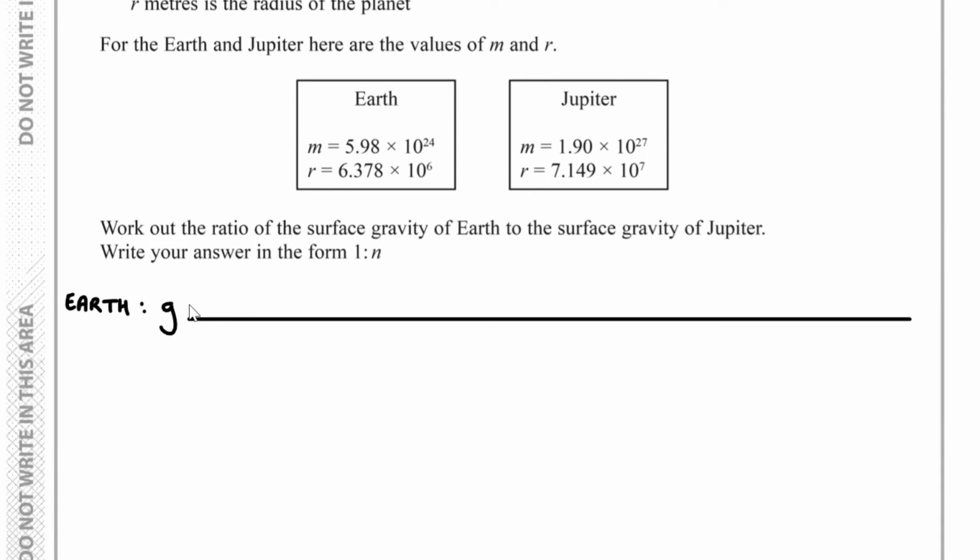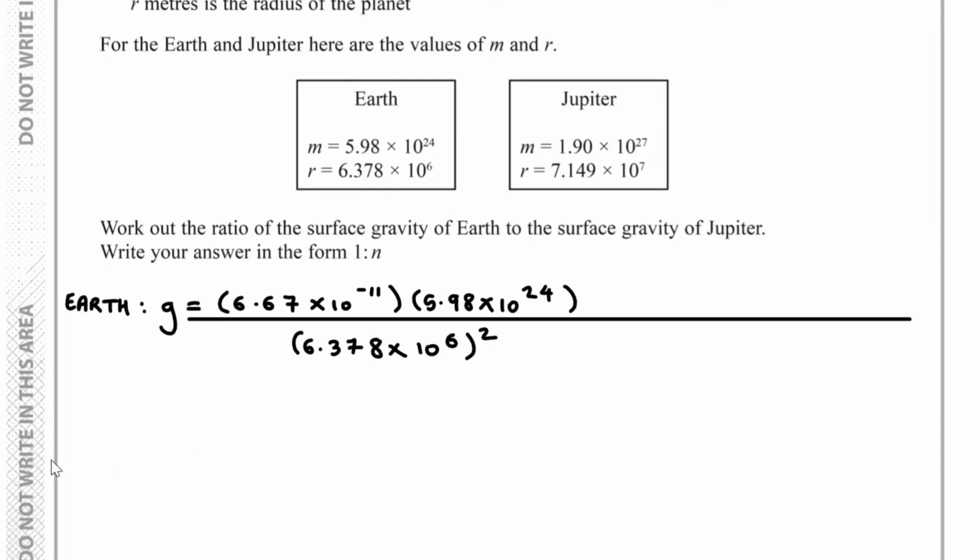So G is equal to 6.67 times 10 to the power of minus 11 multiplied by m, which you can see here is 5.98 times 10 to the power of 24 divided by r squared. So r is 6.378 times 10 to the power of 6, squared.